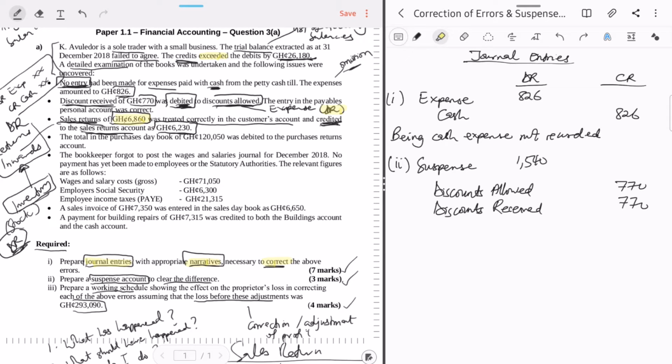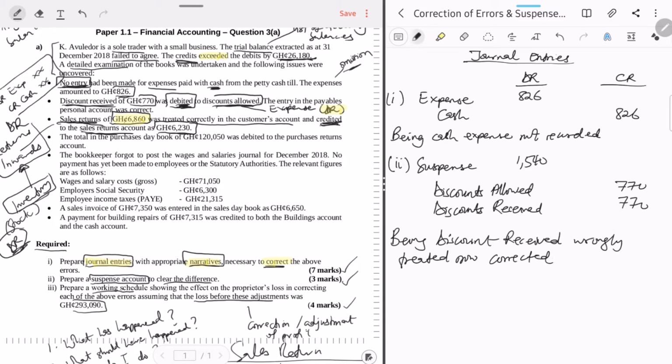Let's just write: being discount received, they said was debited to discount allowed, wrongly treated, now corrected.